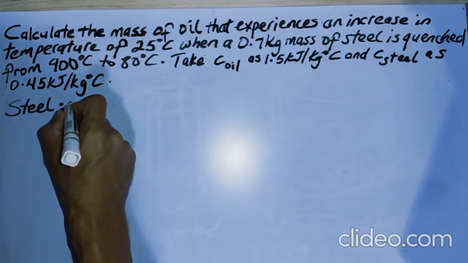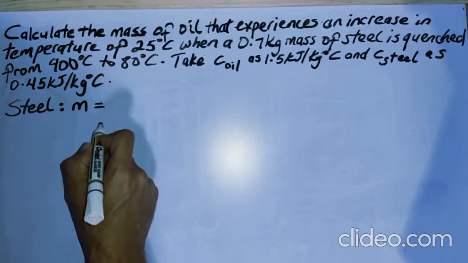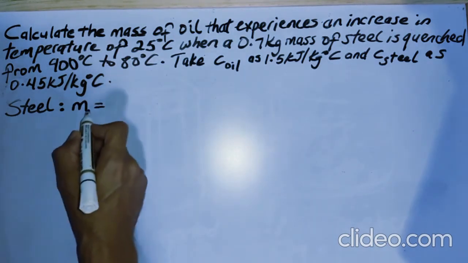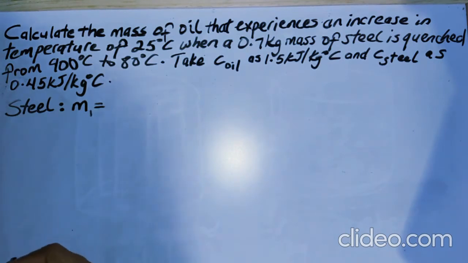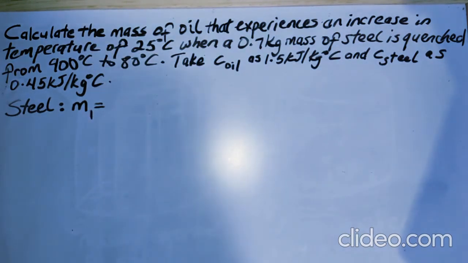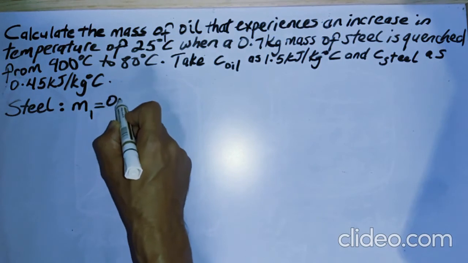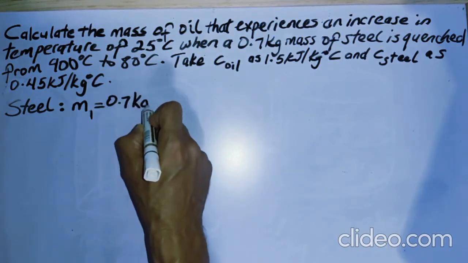I'm going to call the mass for steel M1 to make the calculation a little bit easier. M1 is 0.7 kilograms.